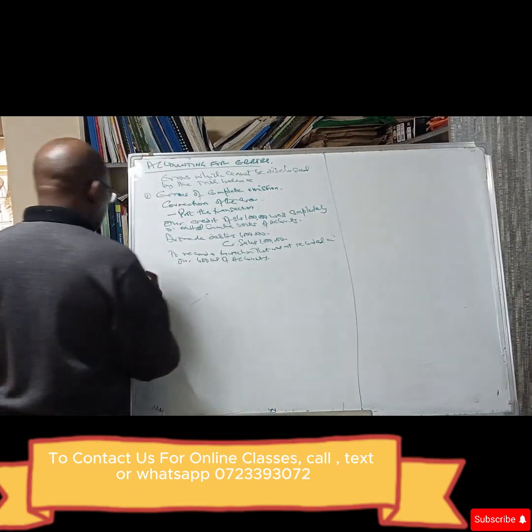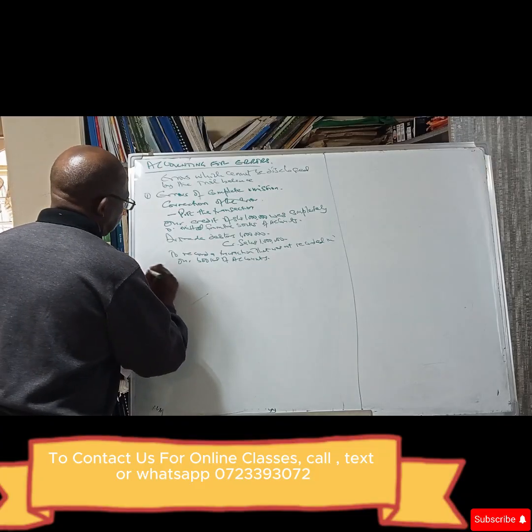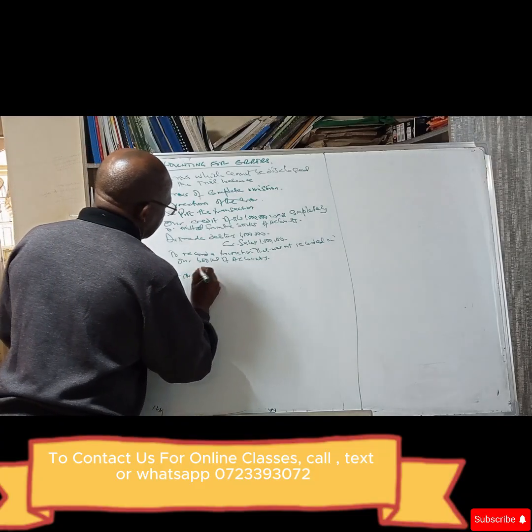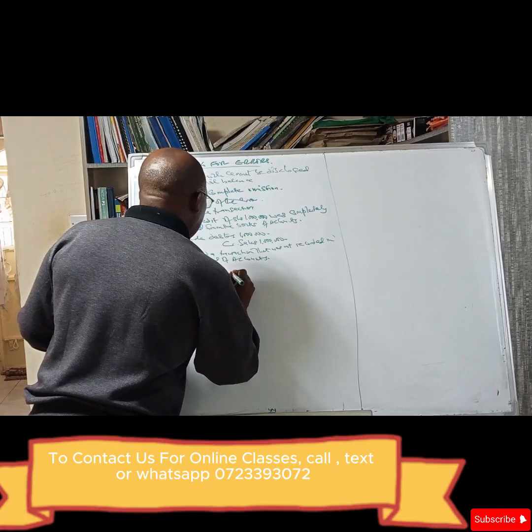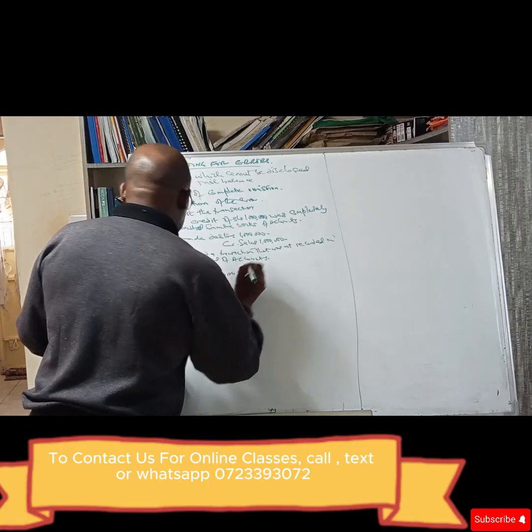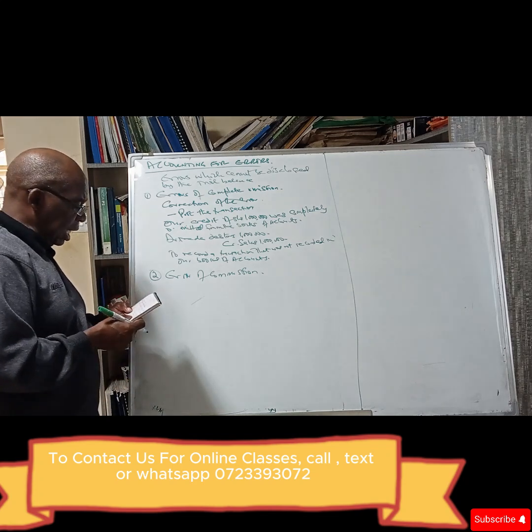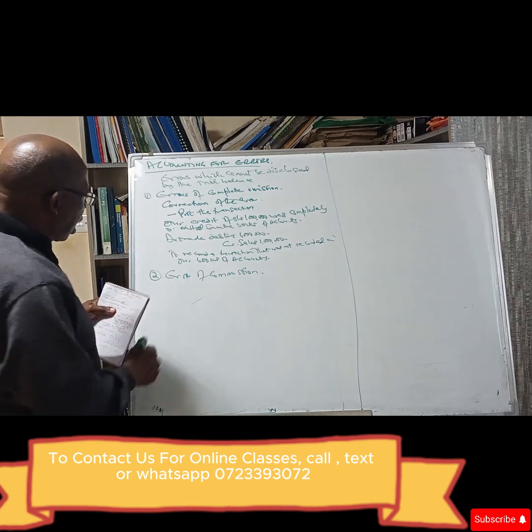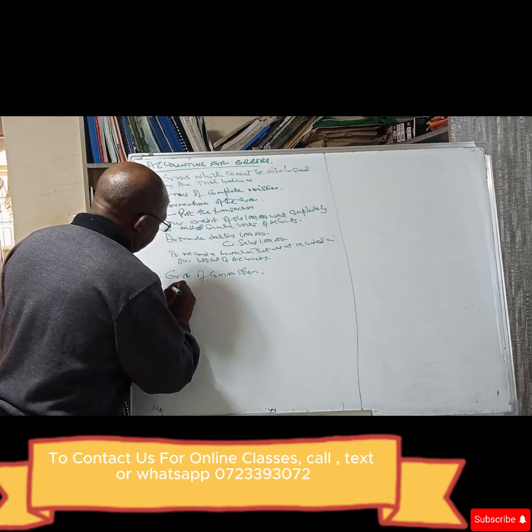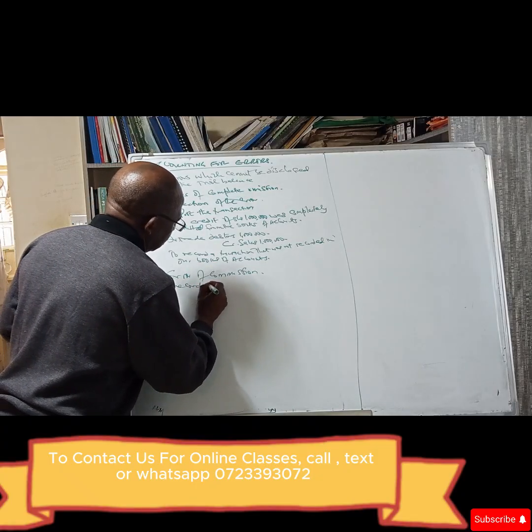Number two, error of commission. Error of commission is an error whereby a transaction is recorded in the wrong account.